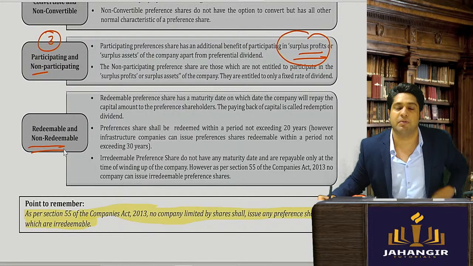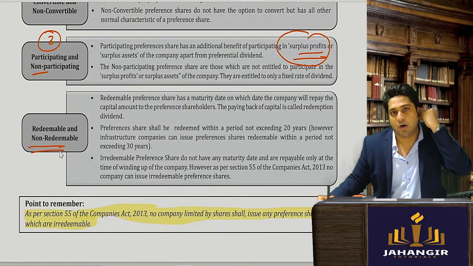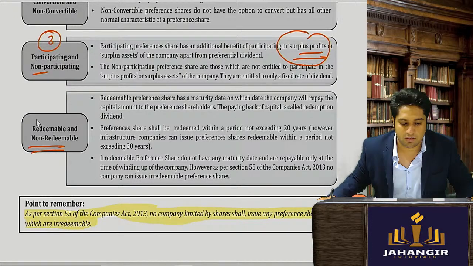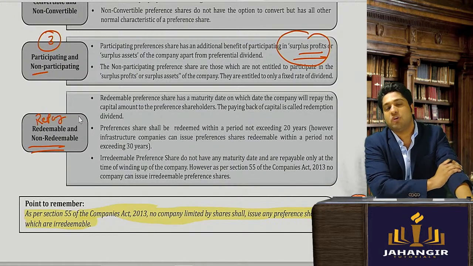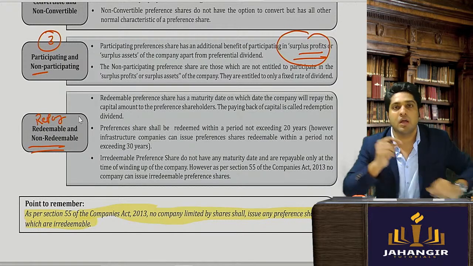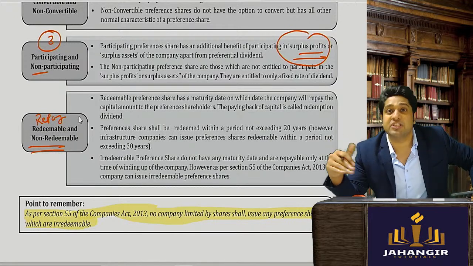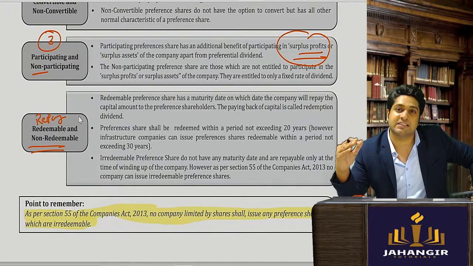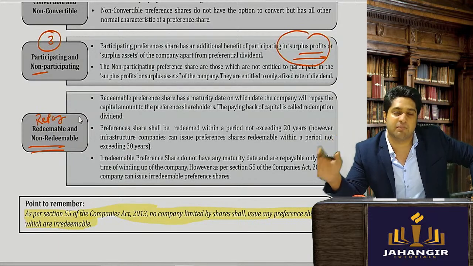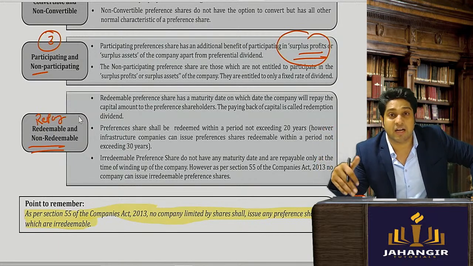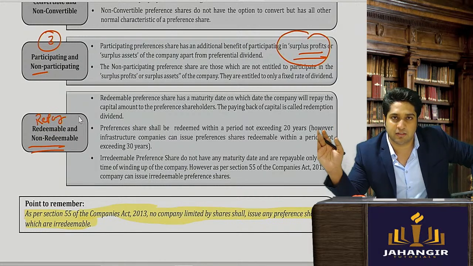Redeemable and non-redeemable. Now redeemable means what? Redeem means to repay. Now, when I say non-redeemable, it's not that they will not be repaid. A fixed date is not given, or an uncertain event is given, such as winding up of the company. So, non-redeemable preference shares cannot be issued in India.